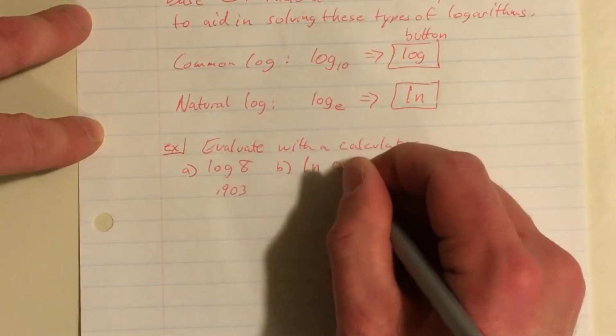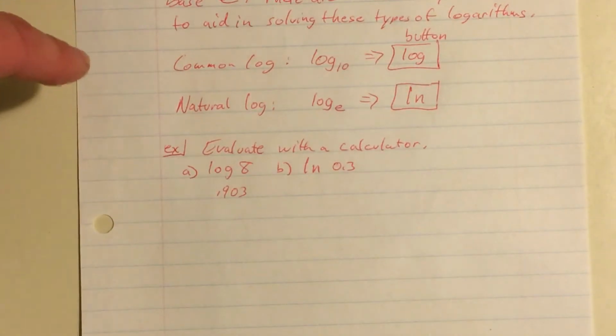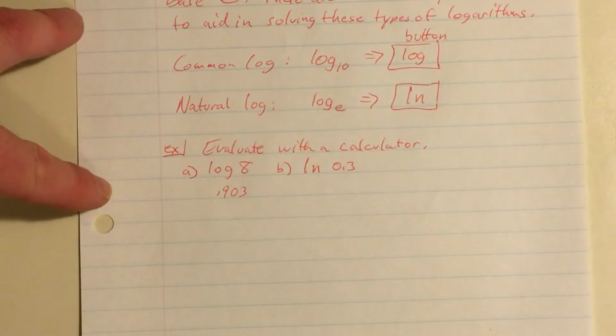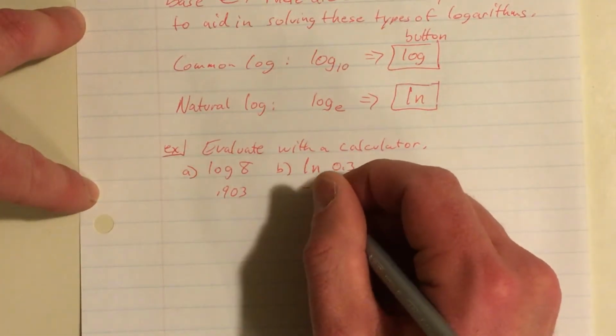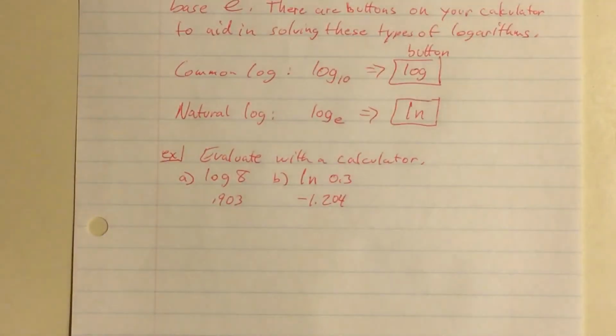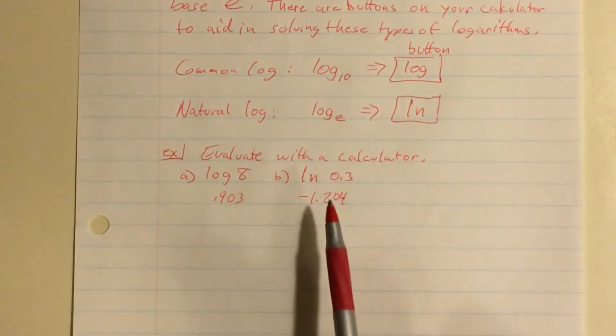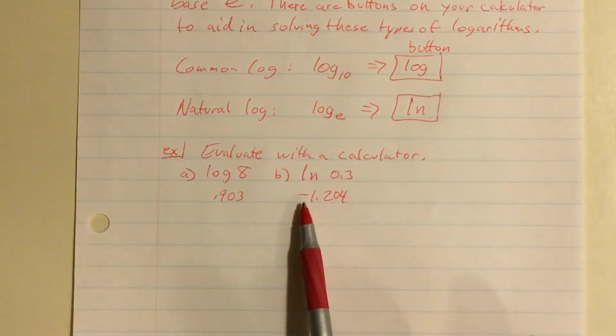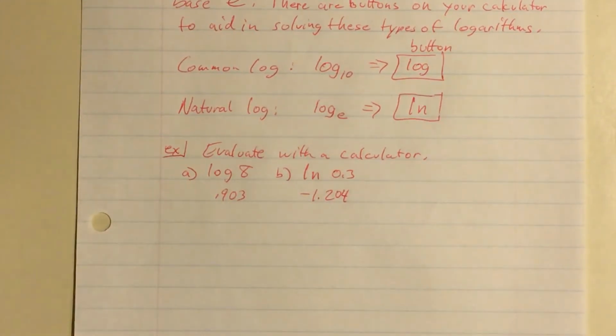ln 0.3. Well, ln actually stands for natural log, but you can just hit the ln button, and I get negative 1.204. Now, I kind of want to mention something real quick. Is it a surprise that the natural log of 0.3 was negative? Well, I would argue that it's not. 0.3 is like a fraction, isn't it?